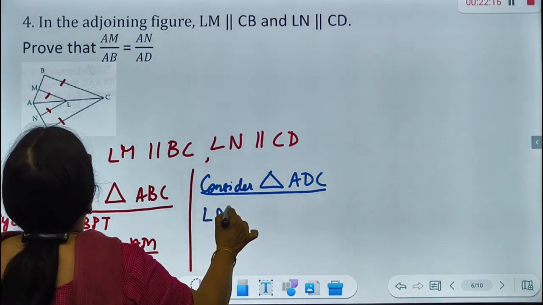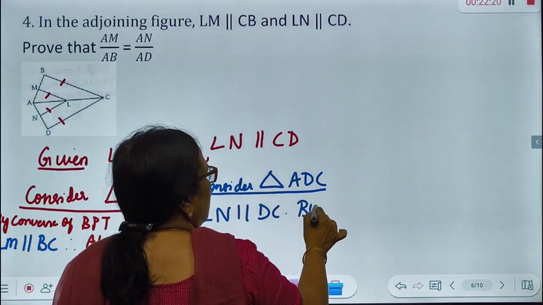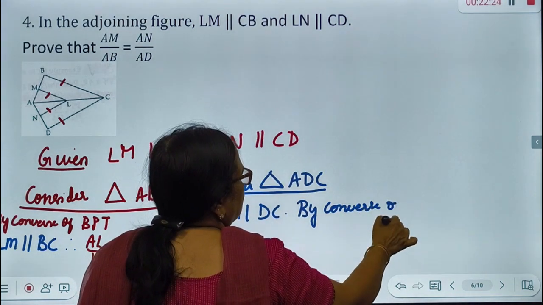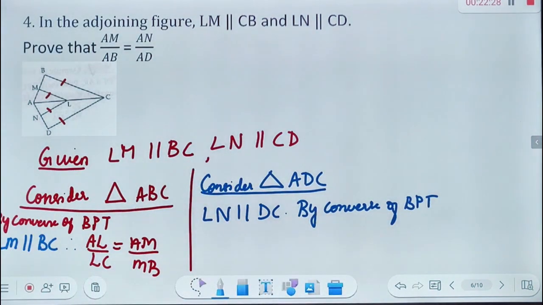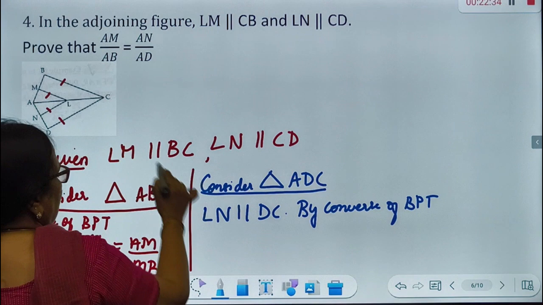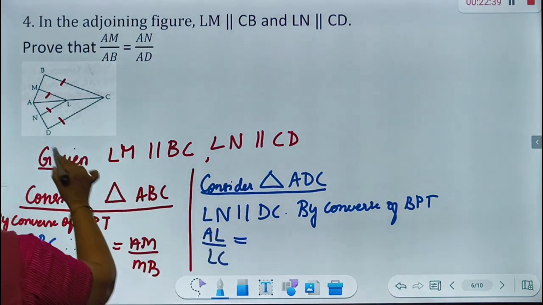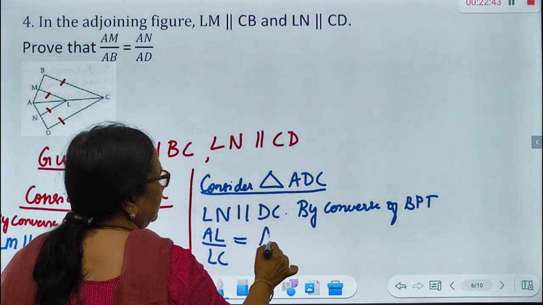LN is parallel to DC. So by converse of BPT, what does it follow? AL by LC is equal to AN by ND.